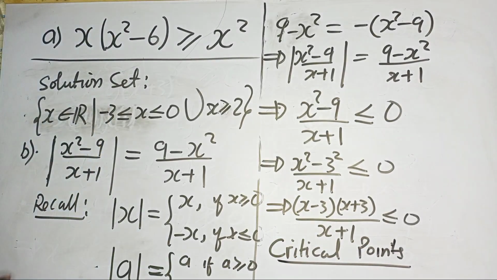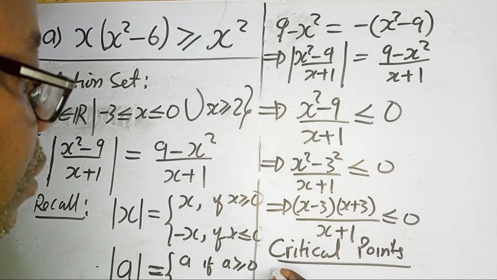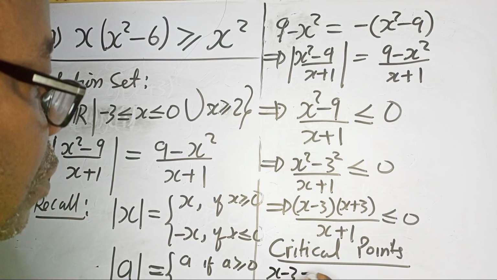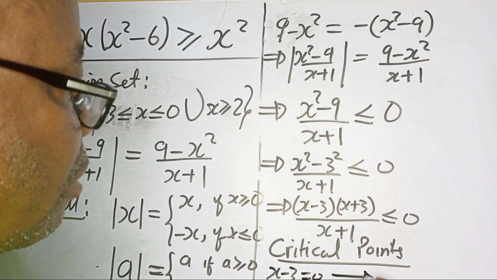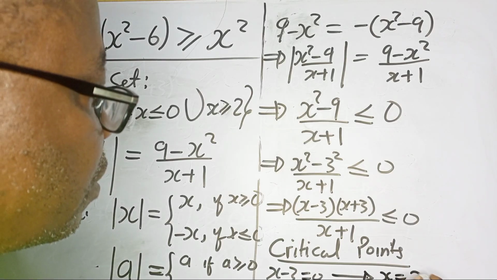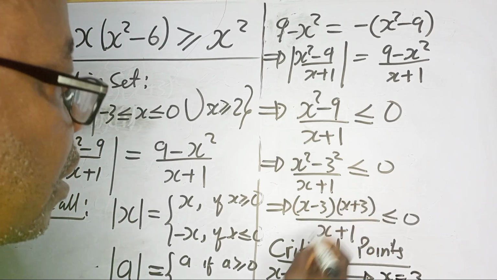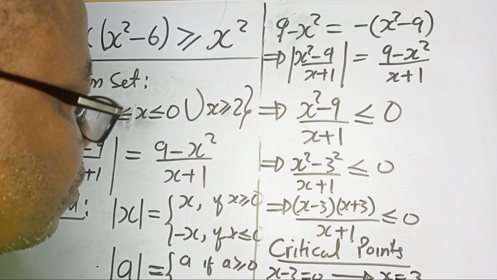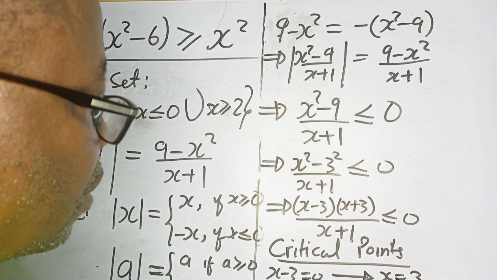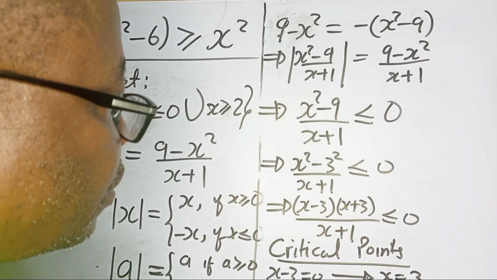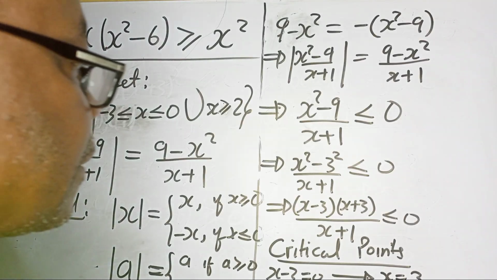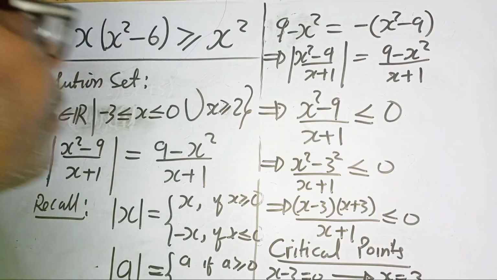Our critical points are gotten. We set each of them equal to 0. If we set this to 0, it means our first critical point will be 3. If we also set this one to 0, it means our second critical point is negative 3.